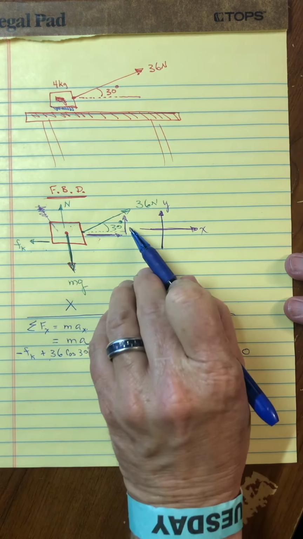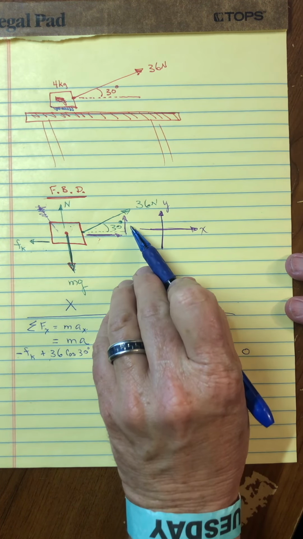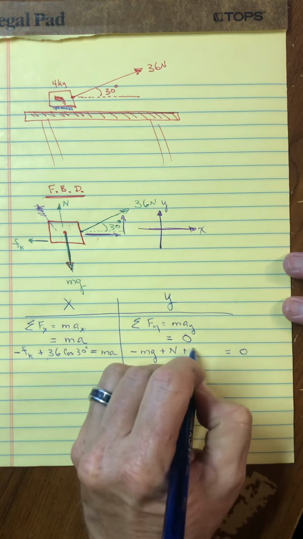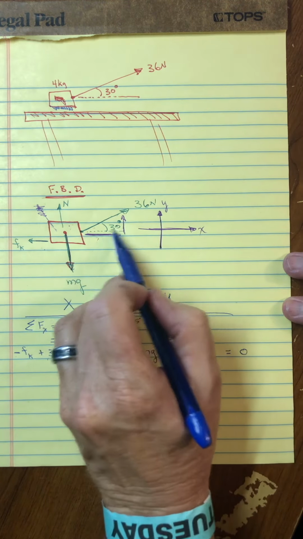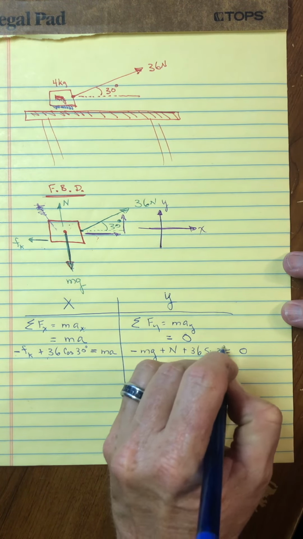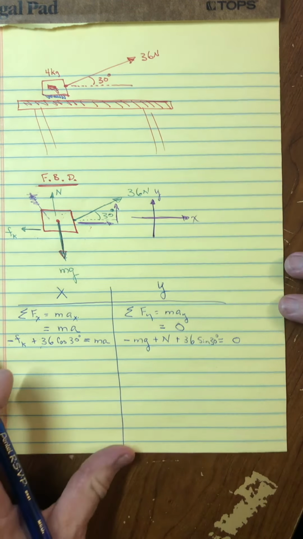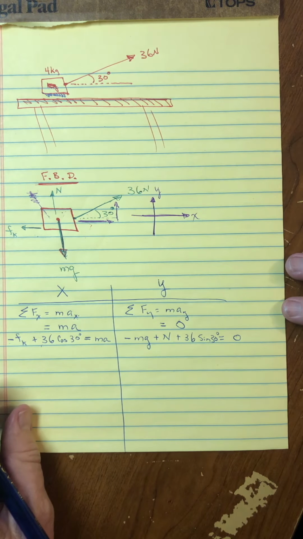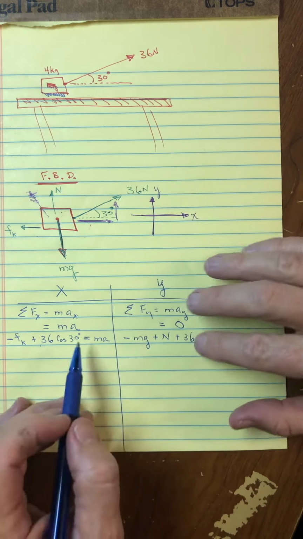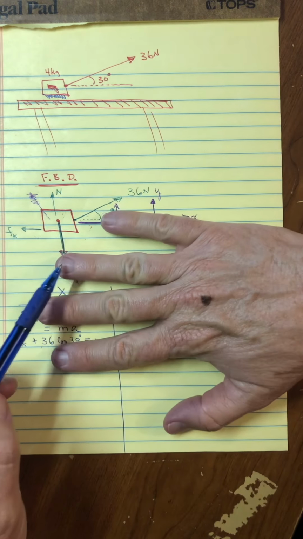And it looks like this has a small component of the vertical direction, so it's positive, and it would be the 36, and it would be the opposite, so it would be sine of 30 degrees here. Okay?